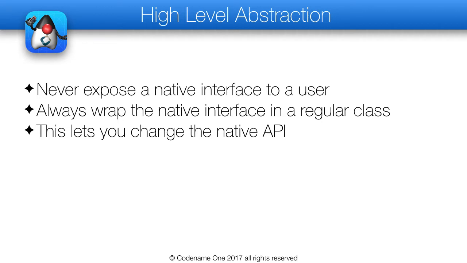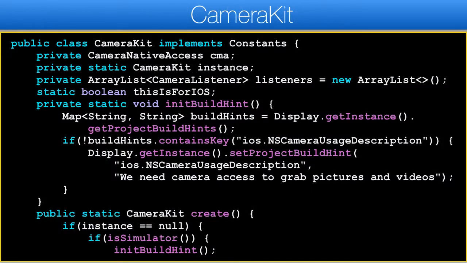So the next order of business was the decision of how to encapsulate this functionality. For that, I created the CameraKit class, which abstracts this native interface. We implement the constants interface, so we'll have easy access to them.